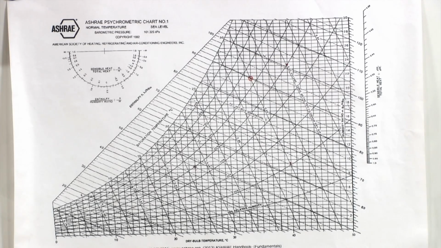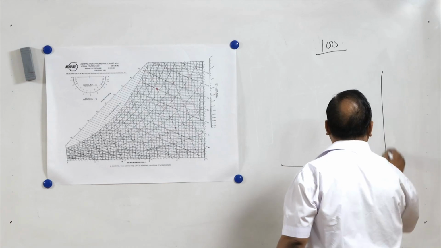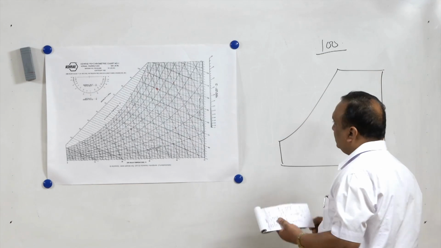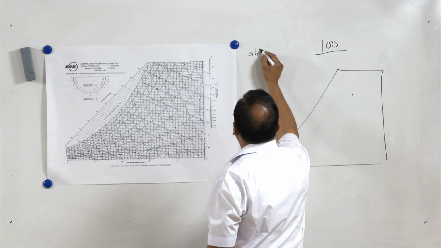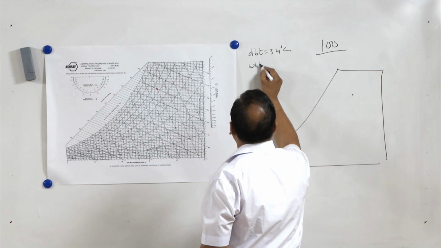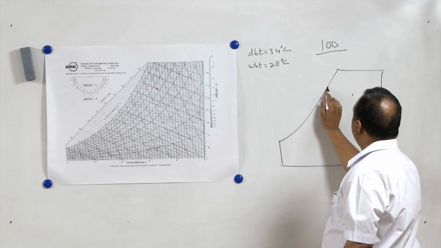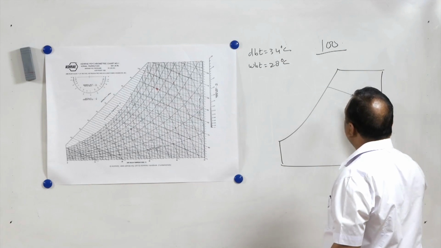Now, I will draw this here also. Dry bulb temperature 34 degrees centigrade and wet bulb temperature 28 degrees centigrade. So, we have taken the 28 degrees centigrade wet bulb temperature line and the 34 degrees centigrade dry bulb temperature line.